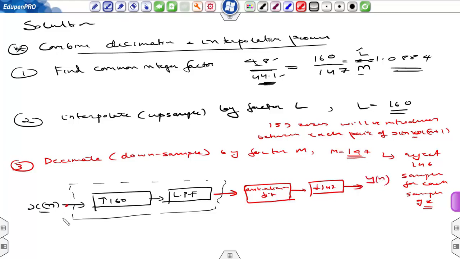So suppose the frequency of x[n] is fs. The frequency at this point will be 160 fs, at this point also 160 fs, at this point 160 fs, and at this point 160 by 147 fs, that is equal to 1.0884 fs.